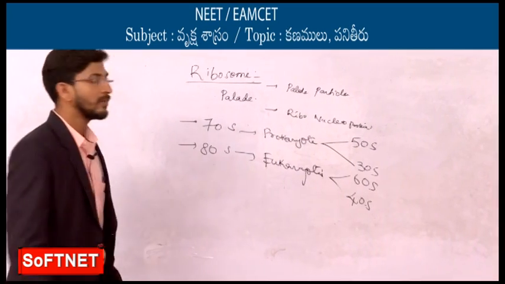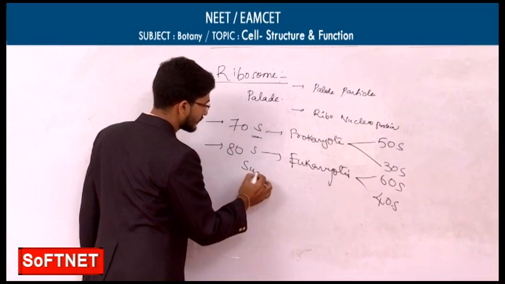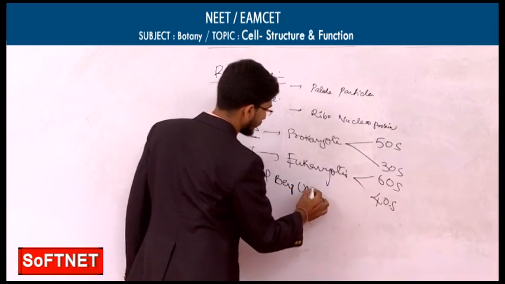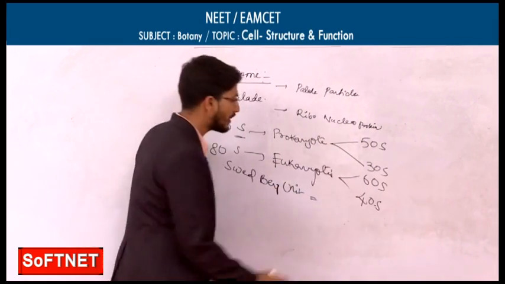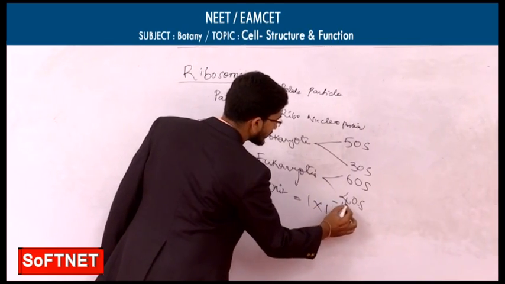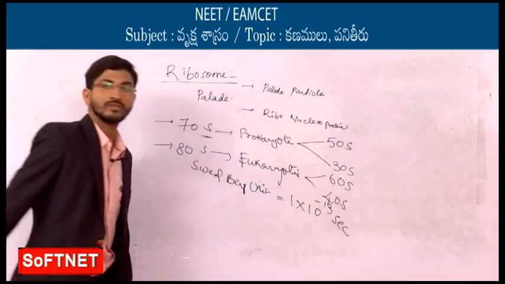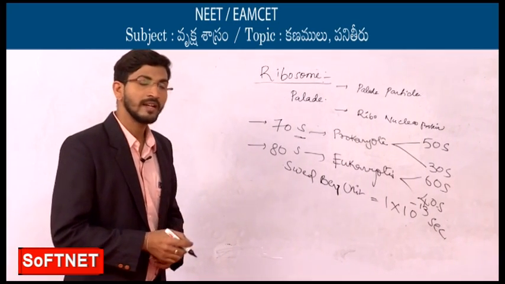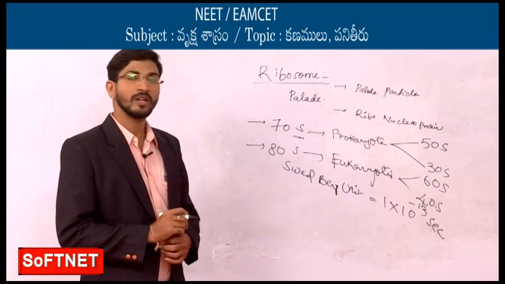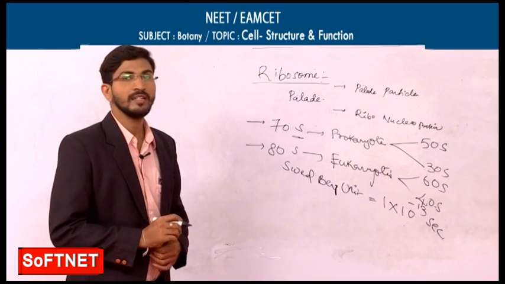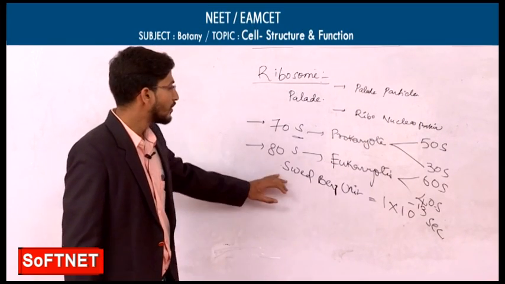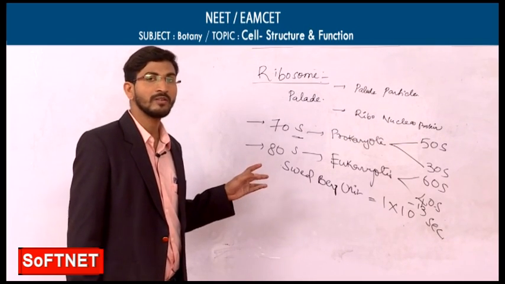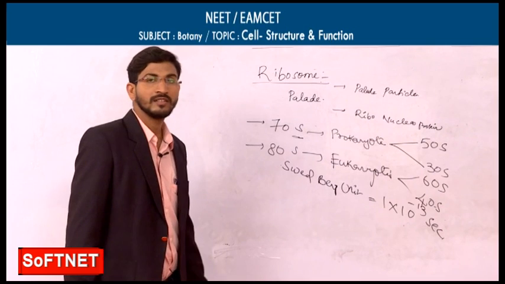S is nothing but the Svedberg unit. Svedberg unit is equal to 1 into 10 to the power of minus 13 seconds. Generally, the size of the ribosomes is determined with the help of the sedimentation coefficient through centrifugation.